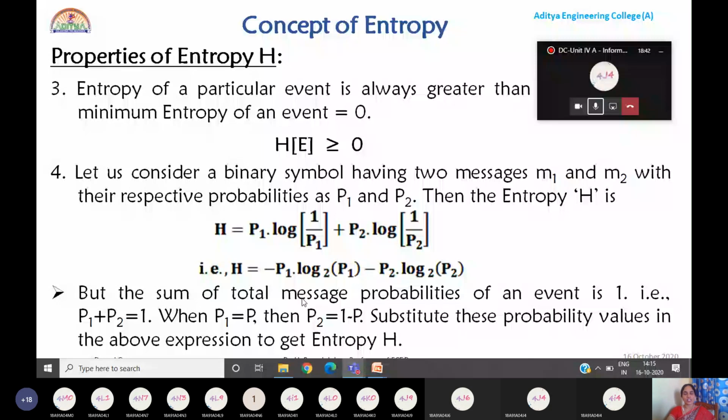But what is the sum of all message probabilities? Here two messages are there, so the sum of the two message probabilities should be equal to 1. For example, if you assume P1 as P, then P2 will be 1 minus P, because P1 plus P2 is 1. So please substitute P1 and P2 values as P and 1 minus P respectively in the entropy expression.